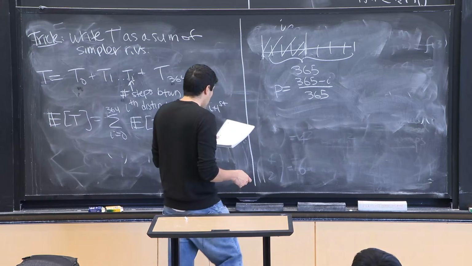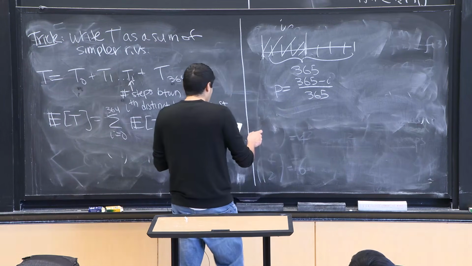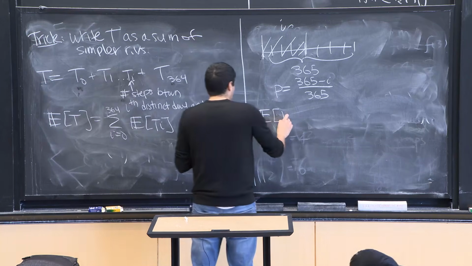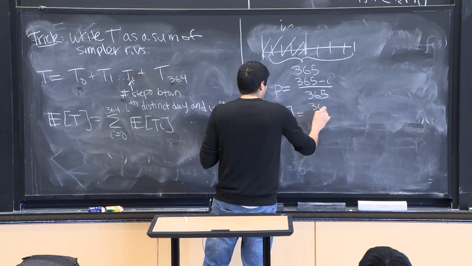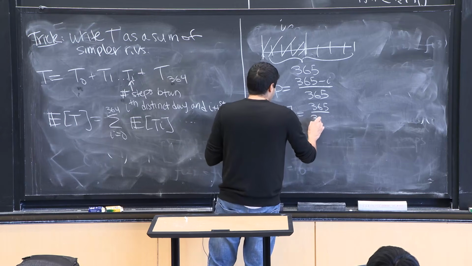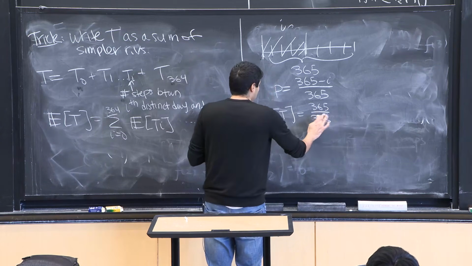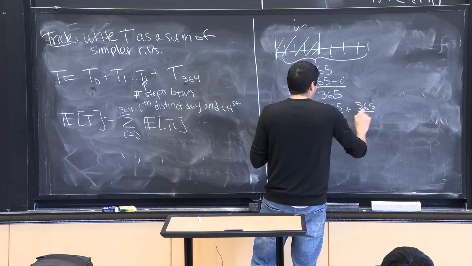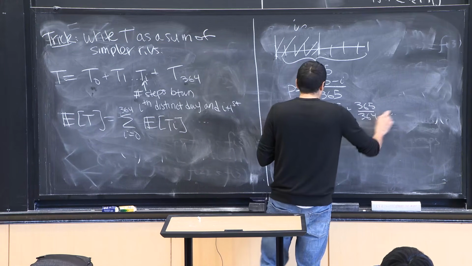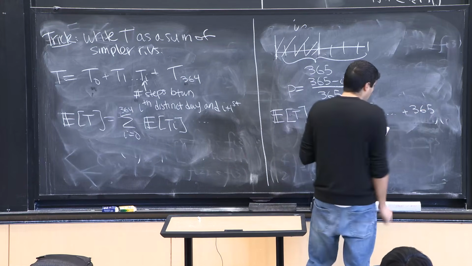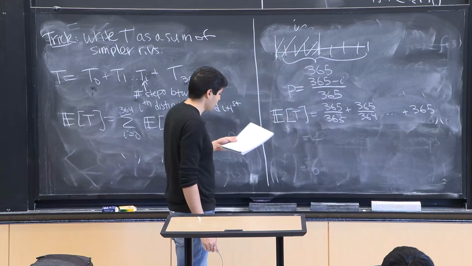And so now we're in good shape because, from the mean time to failure argument, we know exactly what this expectation of t is. It's equal to the sum of 1 over these pi's. So in the beginning, we just have 365 over 365. Then we have 365 over 364, all the way down to adding up 365 over 1, which is 365.